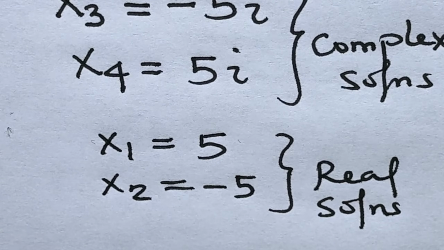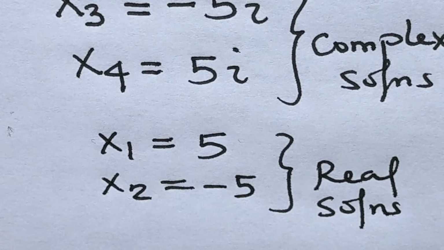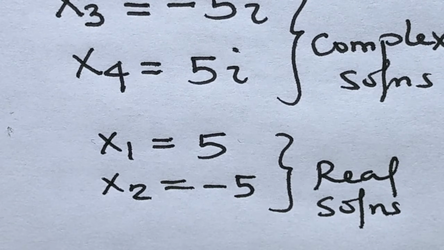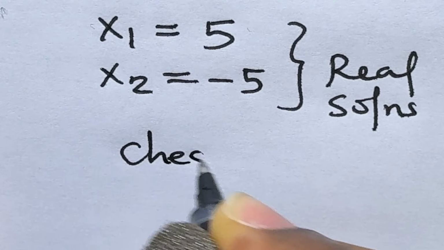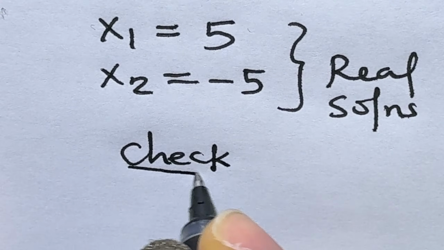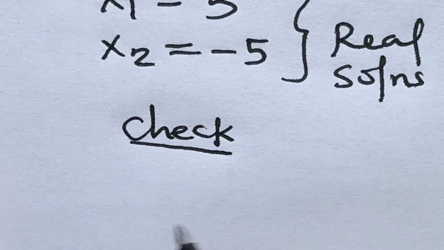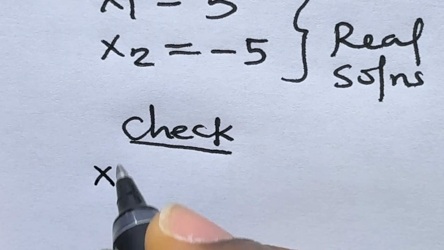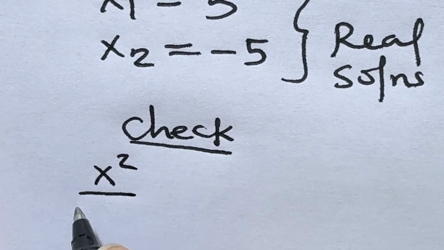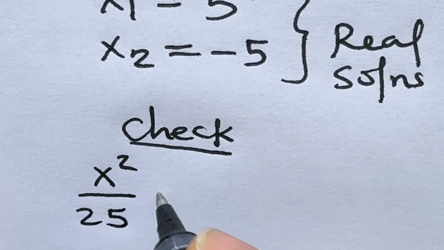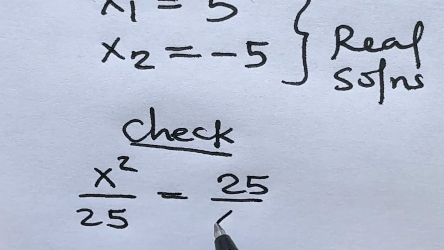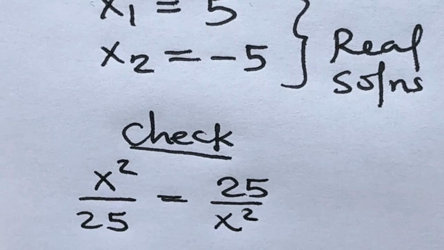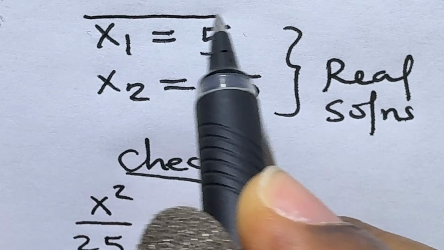Let us now check each of these values and see which one of them balances our equation. Our equation, we were given x raised to power 2 over 25 is equal to 25 over x squared. Let's start with this first value.